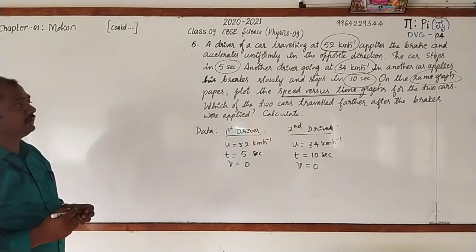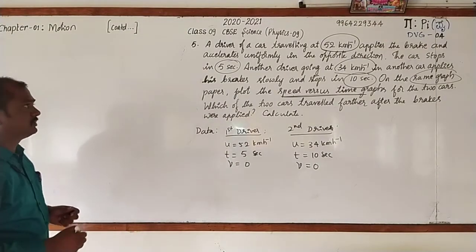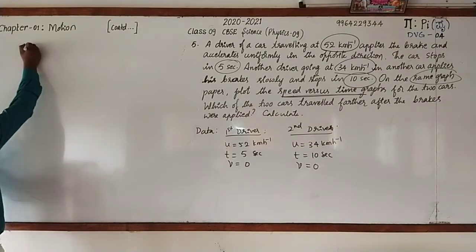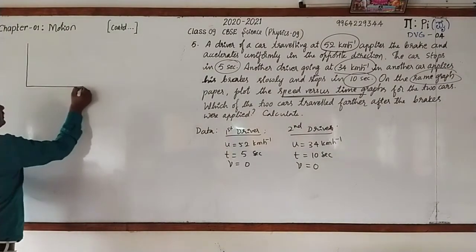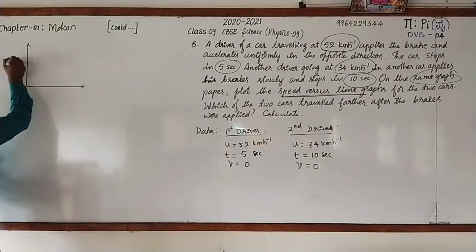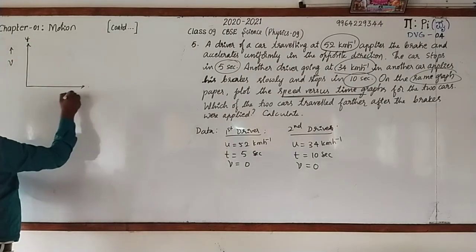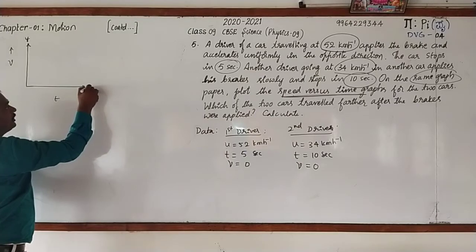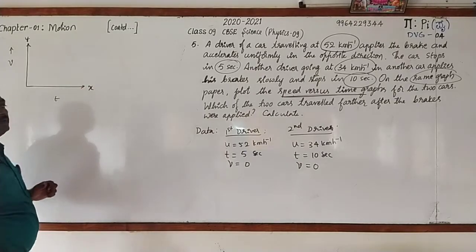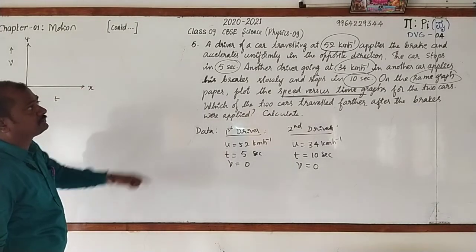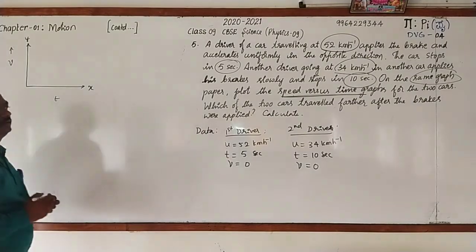Let's go for drawing the graph. Here they have asked for a velocity time graph. Look here, v is to be taken along the y-axis and time is to be taken along the x-axis. Then we have to write the scale.